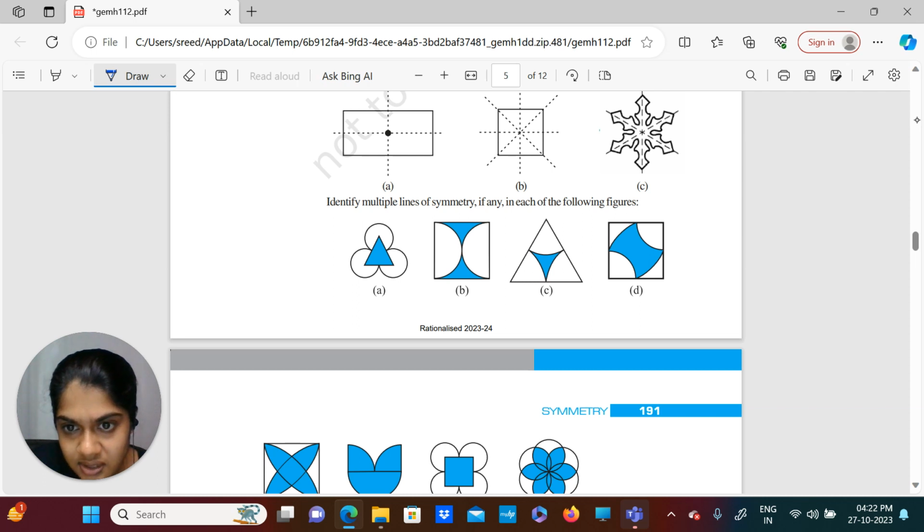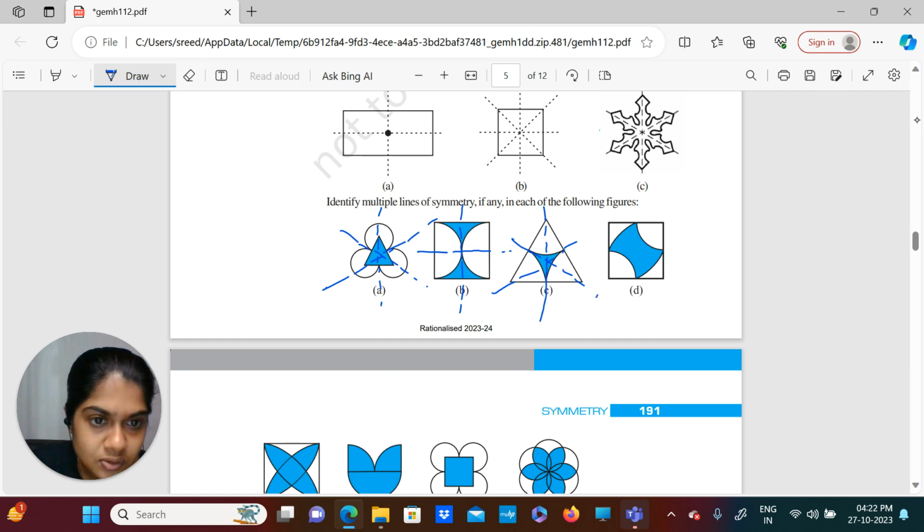Yes, I can draw a line like this. This is 1, 2, and 3. Here I can draw 1, 2. So it's a multi-line of symmetry. Here, yes, you can draw like this. 1, 2, 3.